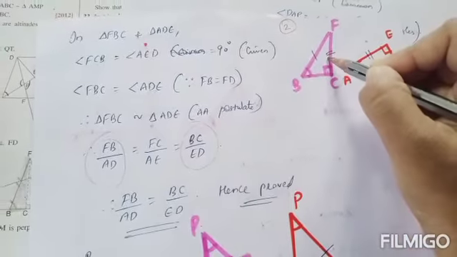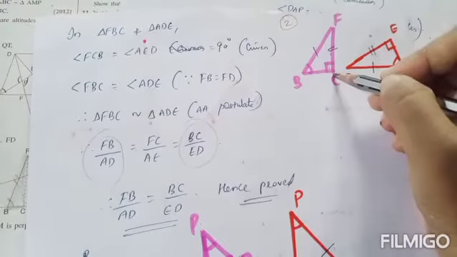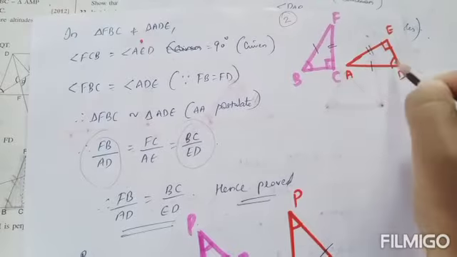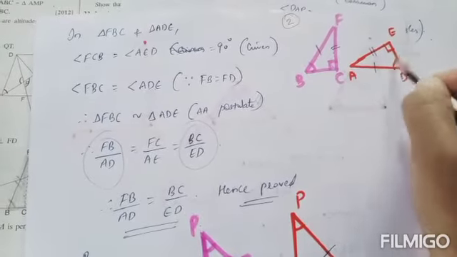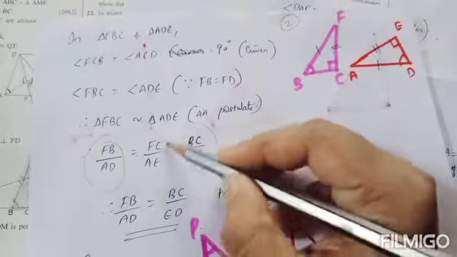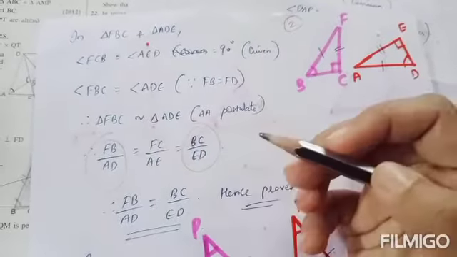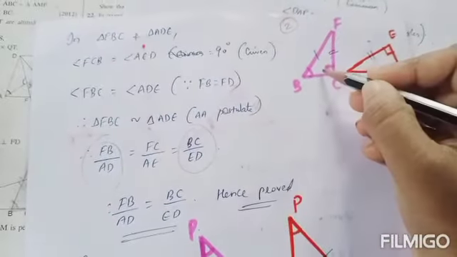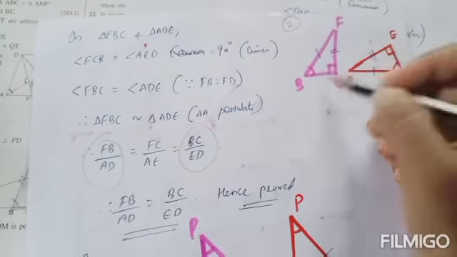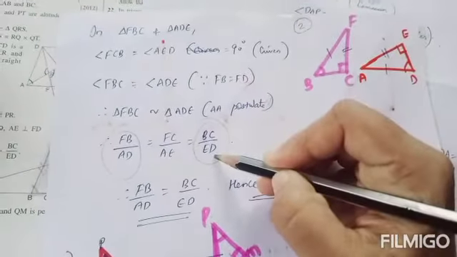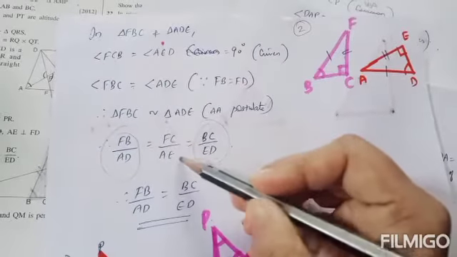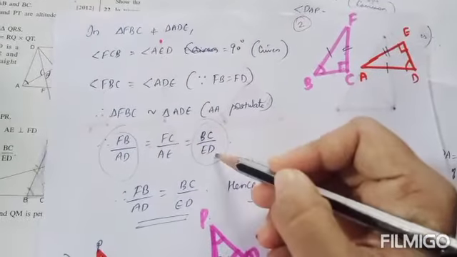The side opposite to angle FBC is FC, and the side opposite to angle ADE is AE. So the ratio is FC by AE. Now the remaining sides are BC and ED. So BC by ED you can write. So FB by AD equal to FC by AE equal to BC by ED.